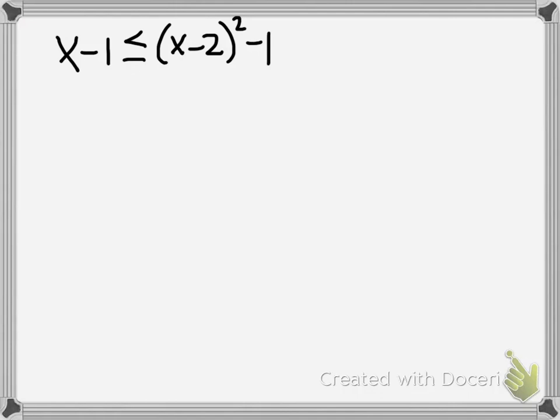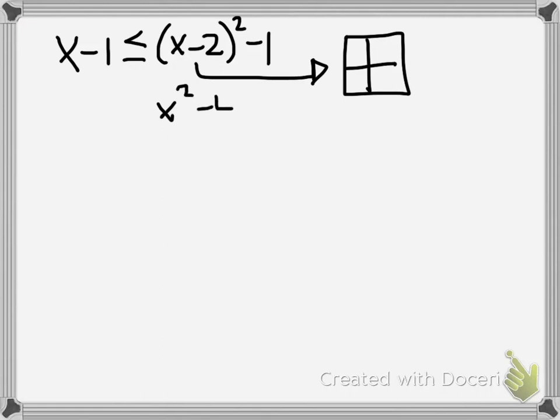Okay, here's a new problem now, and for this one, notice that it is not set up as nicely as our last one, so we do have to do a little bit of work here first. We are going to come over here on the side and do a generic rectangle for this. When we do that, we would get x squared minus 4x plus 4, and then we still have the -1. Over here we have x minus 1.